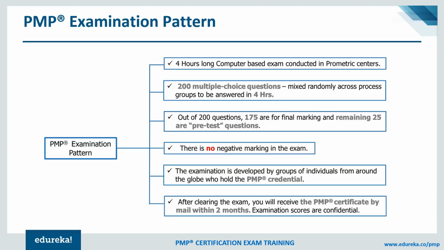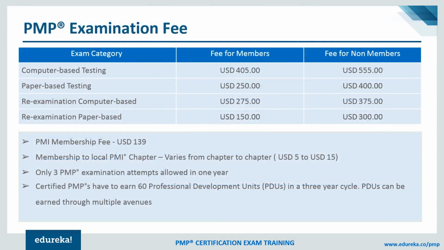The next important point to know about is how much money we need to spend to become PMP. The fee for computer-based testing is $555. There are two different slabs that you see: fee for members and fee for non-members. You have the option of becoming a PMI member.